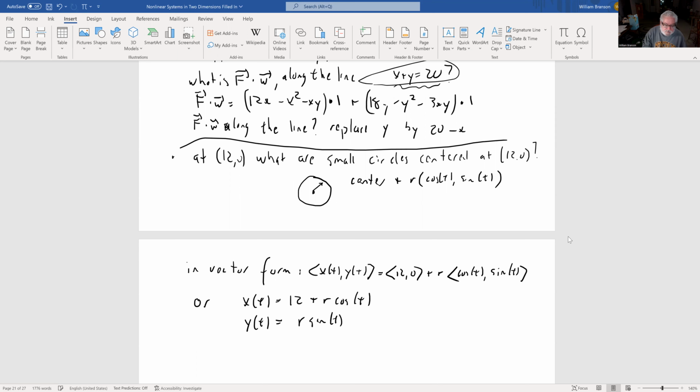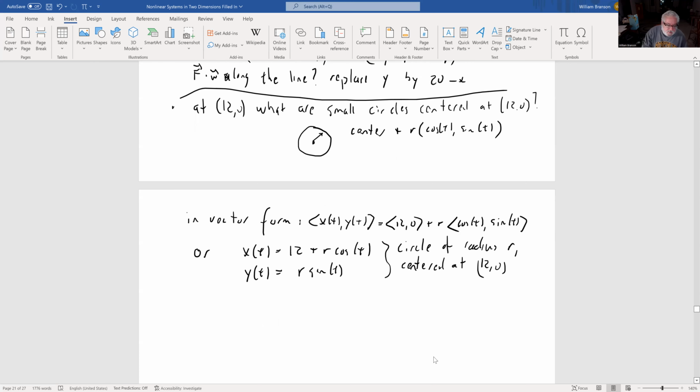So there's a circle of radius r centered at the point 12, 0. And so that's the parameterization that we want.